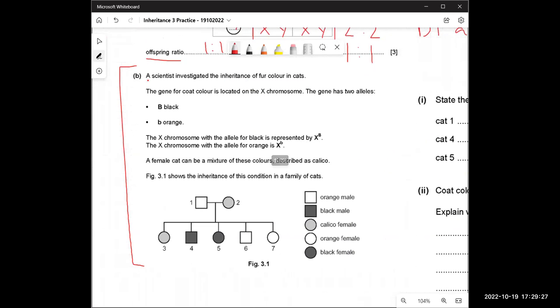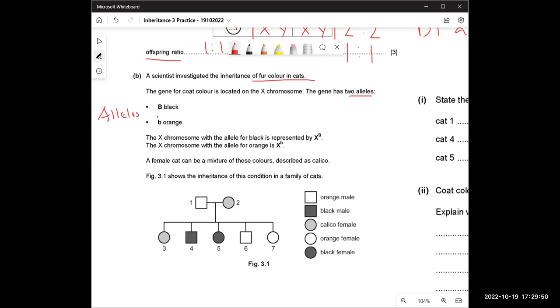Now this question is all about fur color in cats. Read the question in your mind, all of you, and tell me when you're done reading. The question is about fur color in cats. The gene is given, and the alleles are given here.